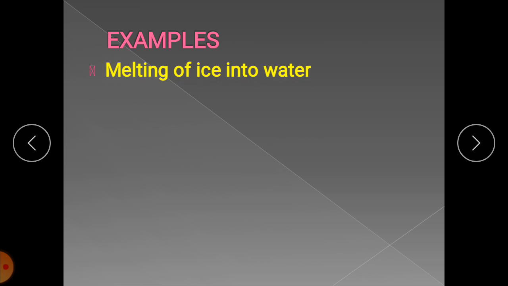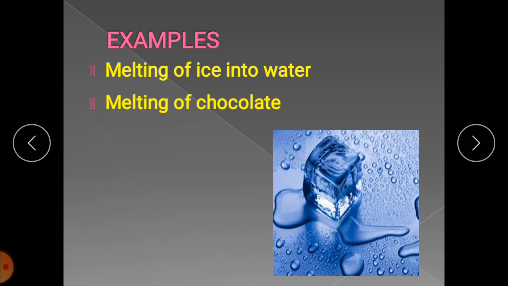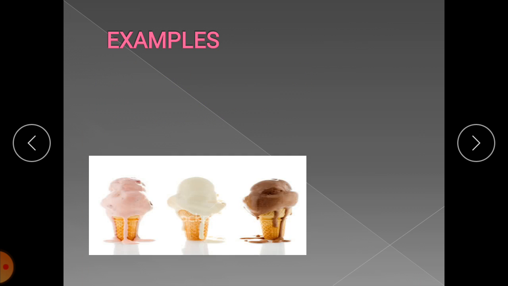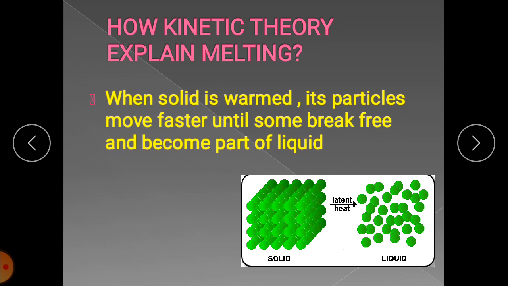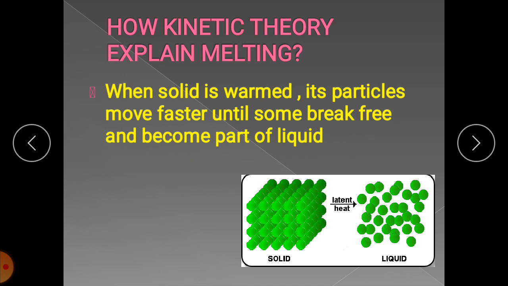Let's see the example: melting of ice, chocolates, ice cream. Okay, in all these substances, when they are solid they are hard, and when temperature is removed or temperature is less, they melt.